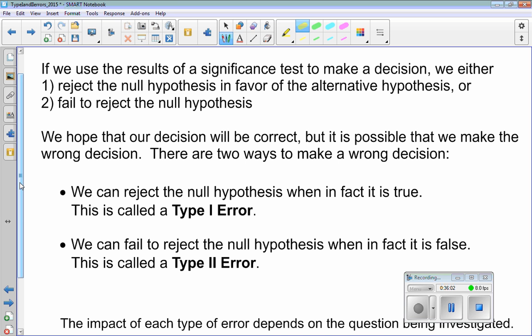A type 1 error is actually a pretty easy error to figure out. It's always going to correspond to our confidence, or our alpha level. So often it's 0.05. A type 1 error is when you reject the null hypothesis, but it's actually a true thing. We shouldn't have rejected it. It's an error because the p-value that we got told us to reject the null.